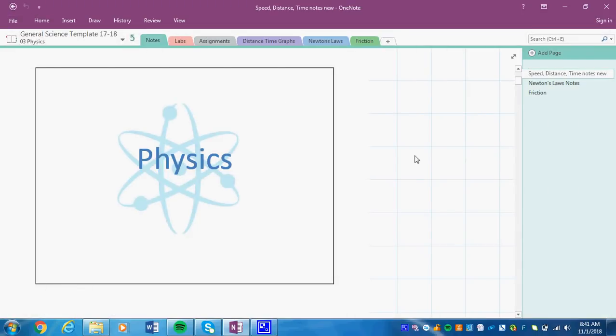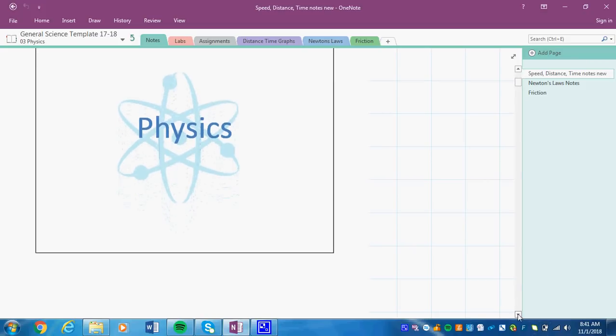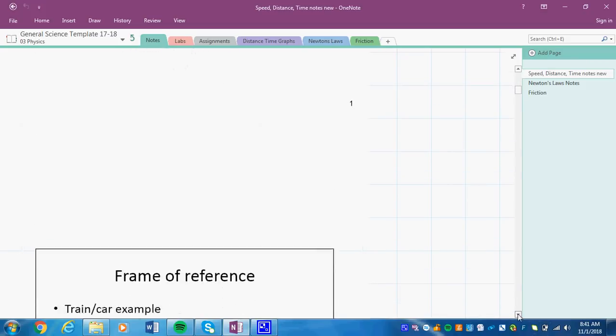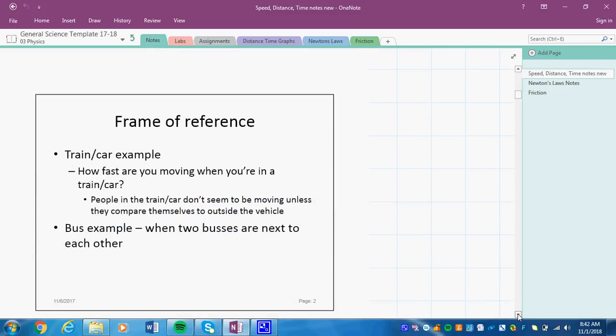But what we're going to talk about is physics. And physics is exciting because it is how everything everywhere works mechanically. It's exciting. And we're going to start about understanding frame of reference. Now, I use this all the time because you guys always are in cars or whatnot, but motorcycles.